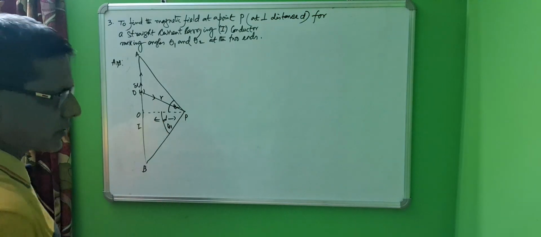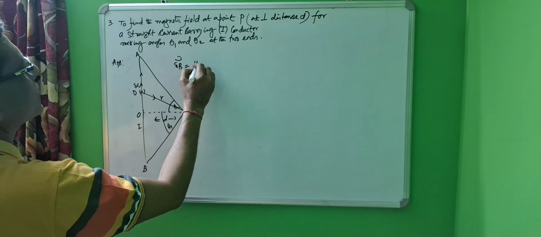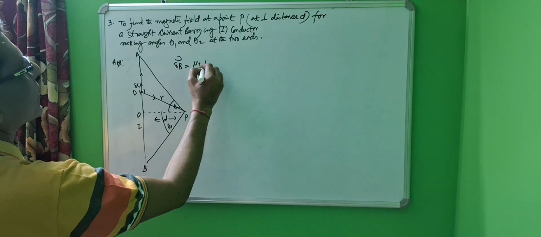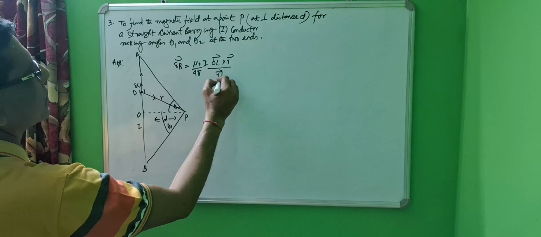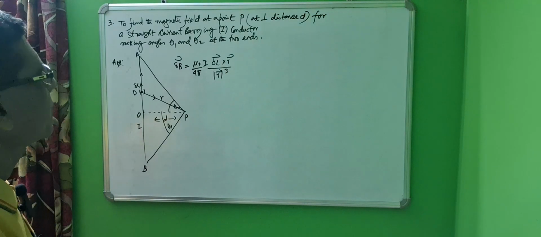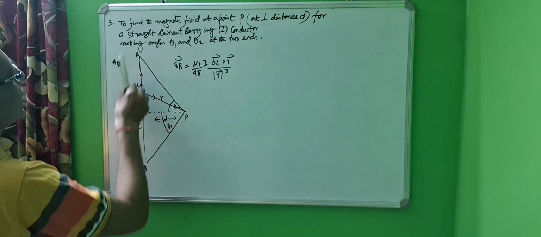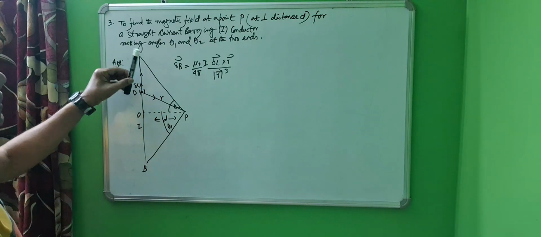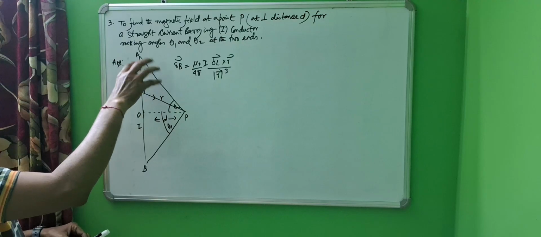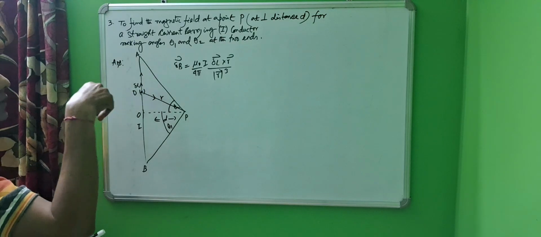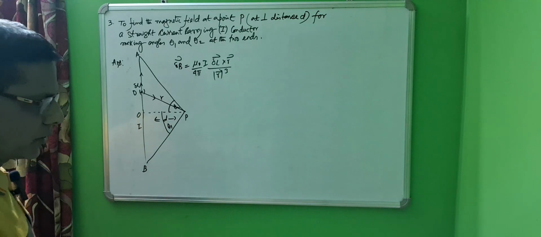So the direction of delta B will be mu 0 by 4 pi I delta L cross R upon R cube. So delta L cross R means here is delta L and here is R. This one is a cross product of vector quantities, so it will go inside the plane of the board perpendicularly.